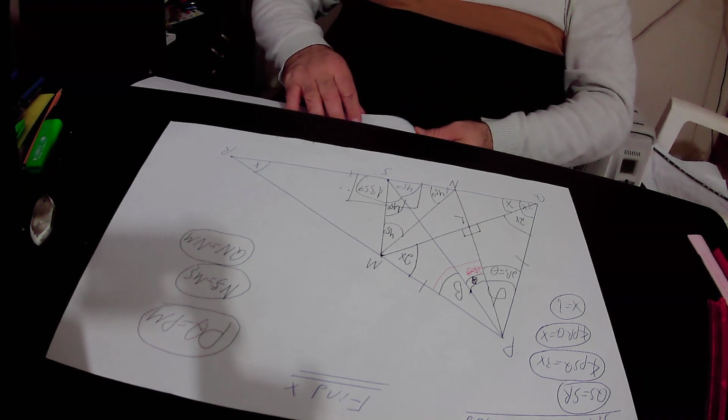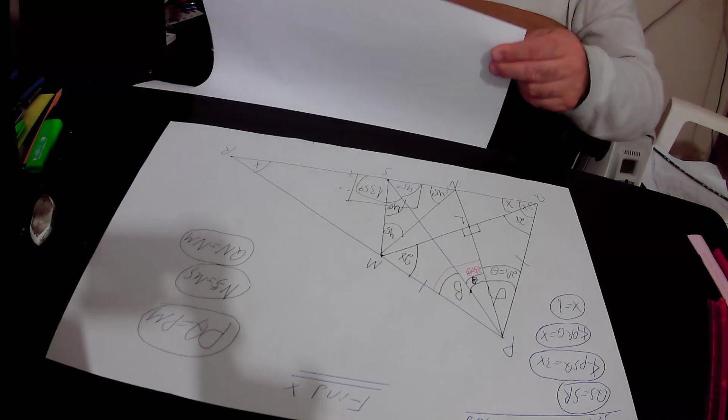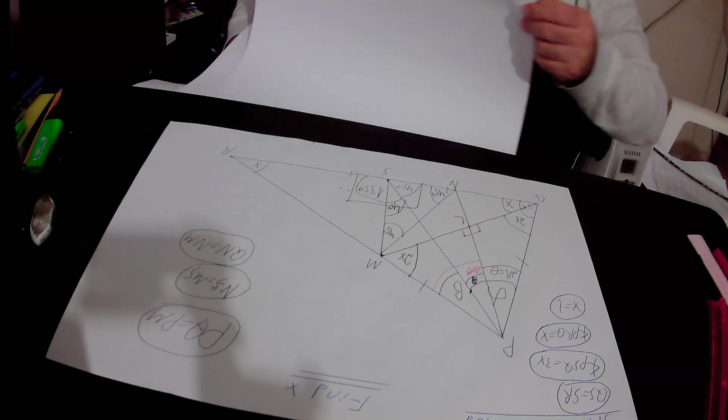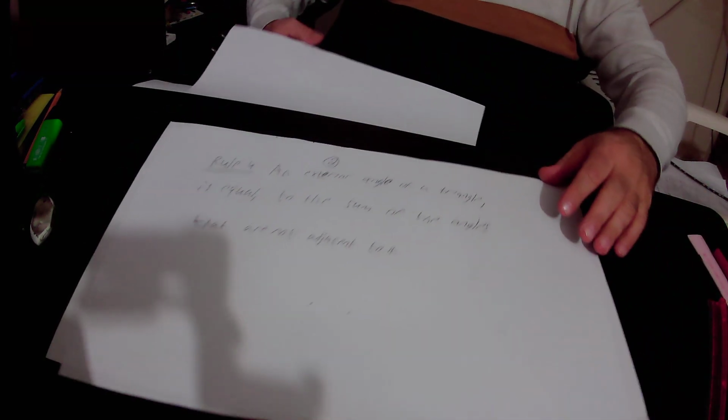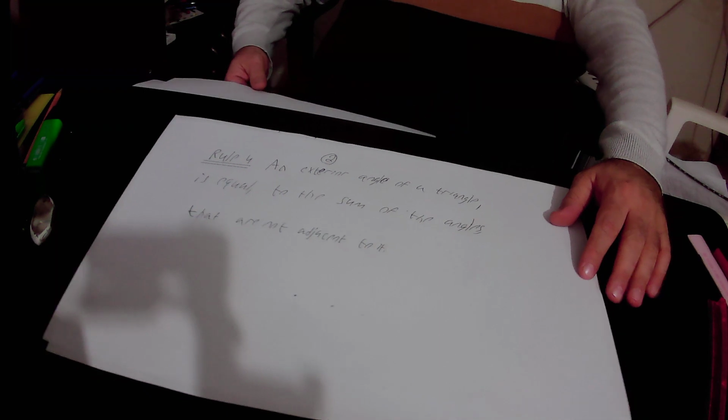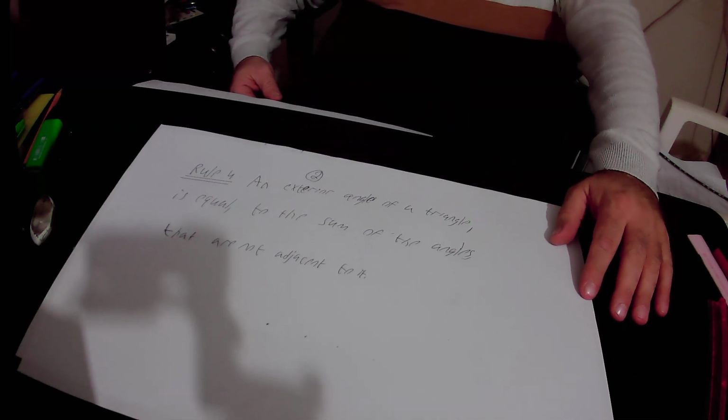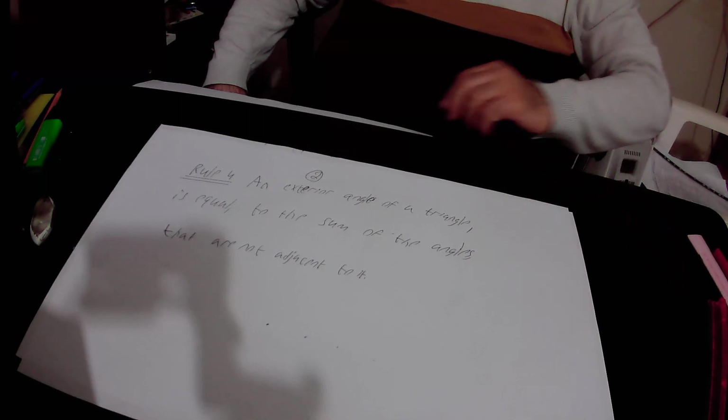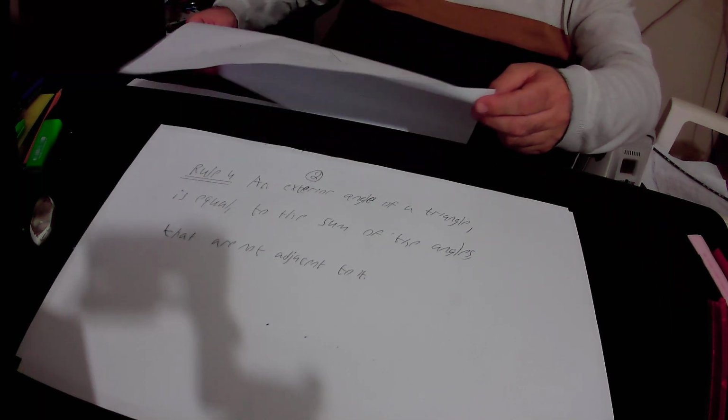And then I presented to you rule number 4. According to rule number 4, an exterior angle of a triangle is equal to the sum of the angles that are not adjacent to it. So what is the meaning of rule number 4?